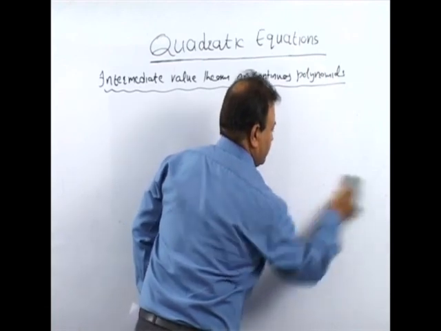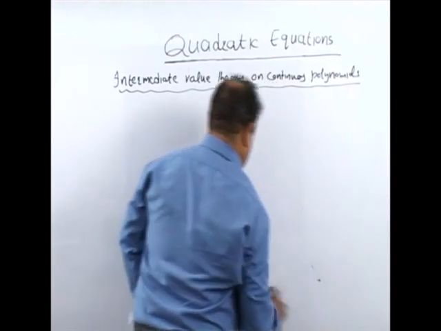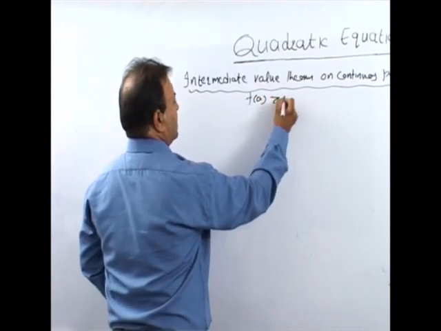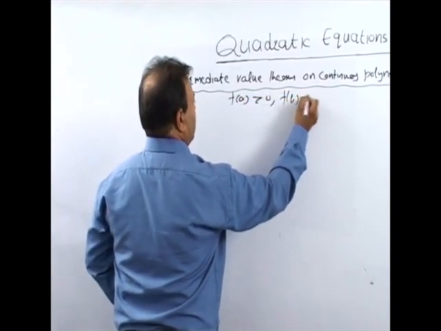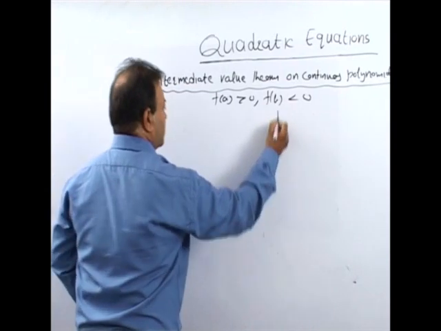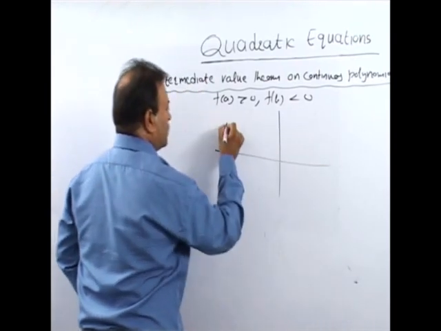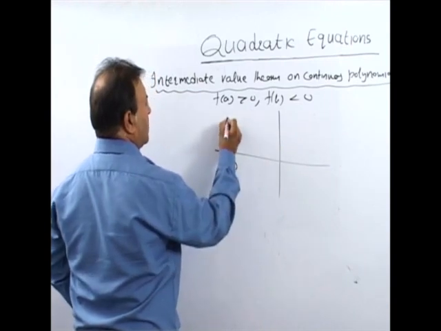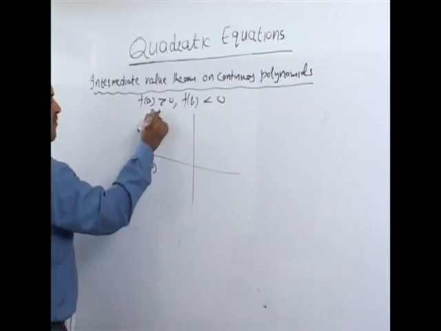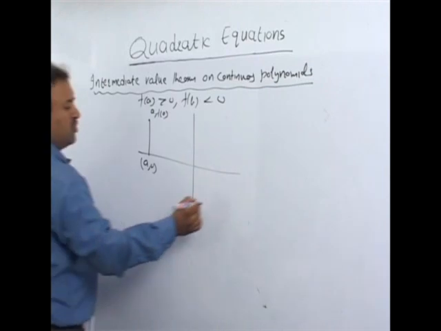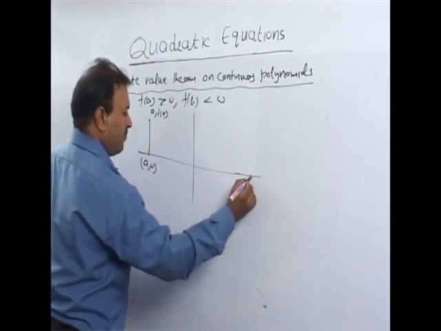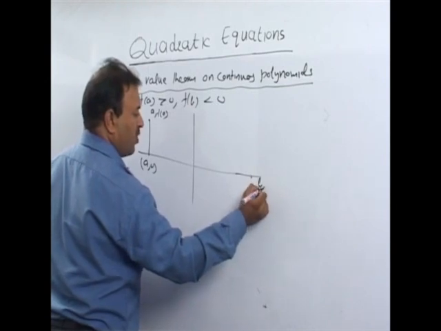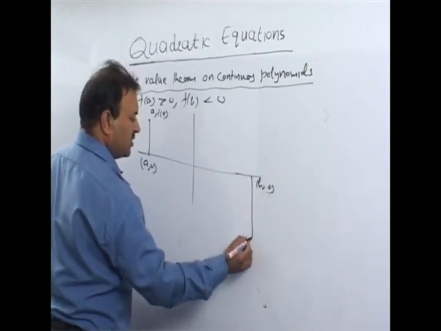In the same way, I take f(a) greater than 0 and f(b) less than 0. Suppose this is the point (a, 0), this is the point (a, f(a)), and this is (b, 0).